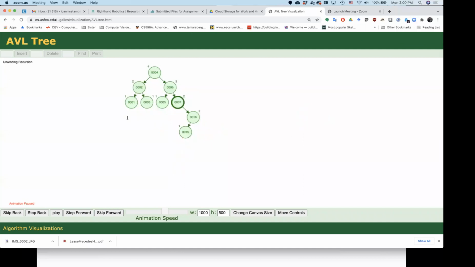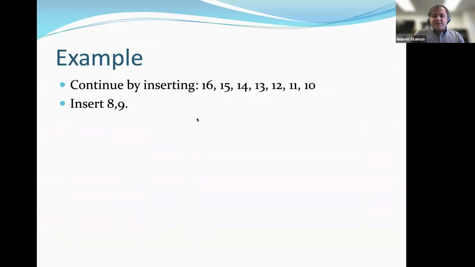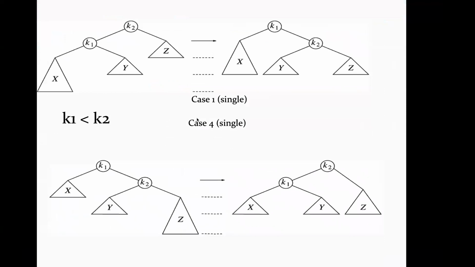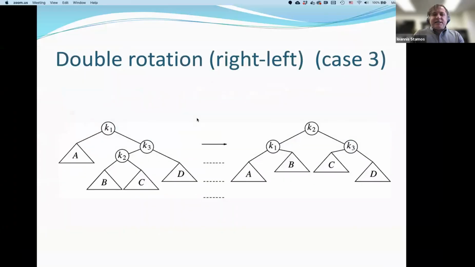Yes? Just a quick question. What are K1, K2, K3 in this example? Yes, K1, K2, K3 in this example are these 3 nodes. So let's go back to the slides. It was a right-left violation, right? It was this one, K1, K3, K2. Now the way the book uses this notation is from smaller to larger.